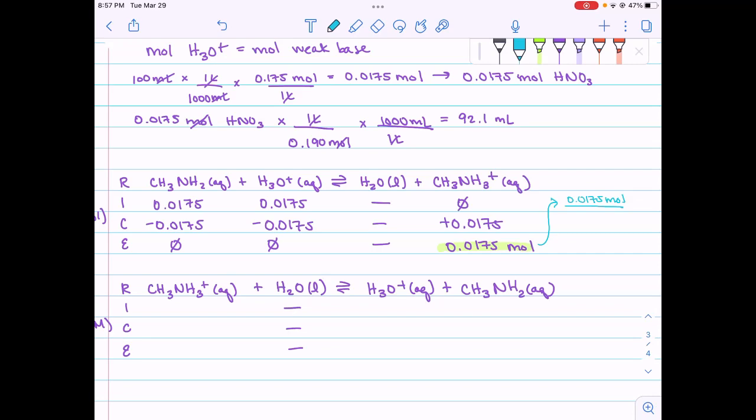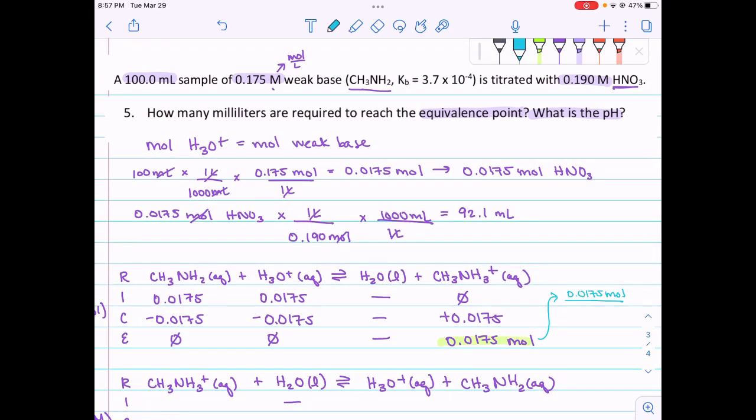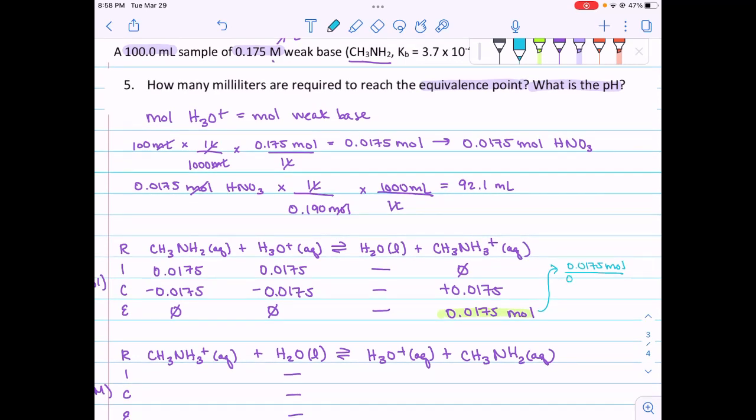Remember, we had 100 milliliters of weak base. We added 92.1 milliliters. So that means we have 192.1 milliliters, or 0.1921 liters present once we've added both solutions together. So let's go ahead and do that division to figure out what our concentration is.